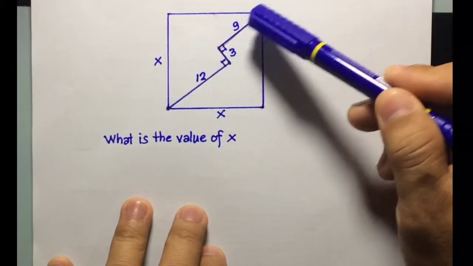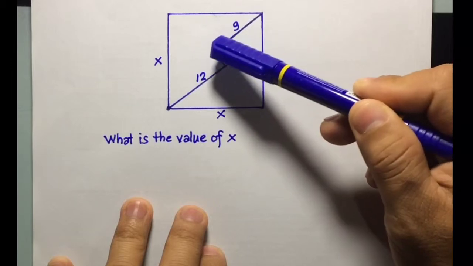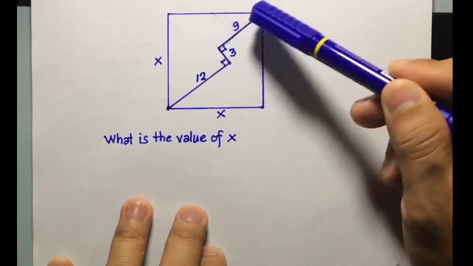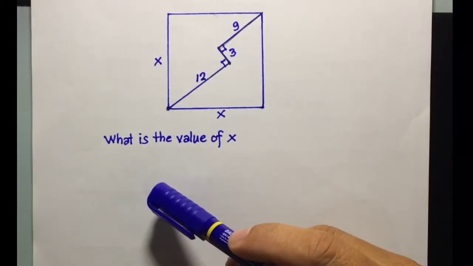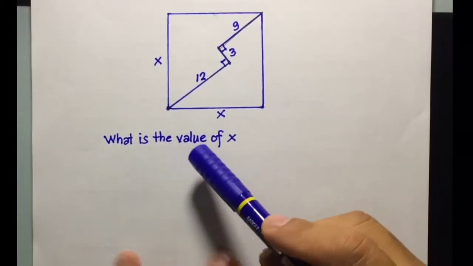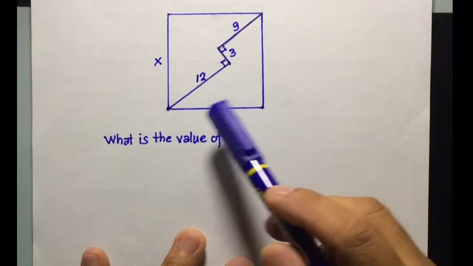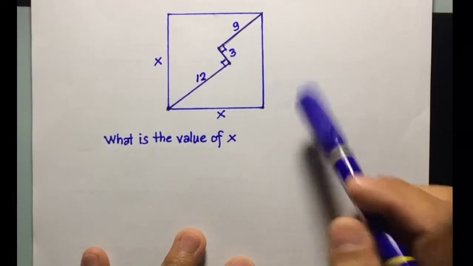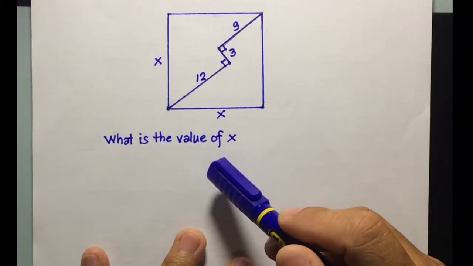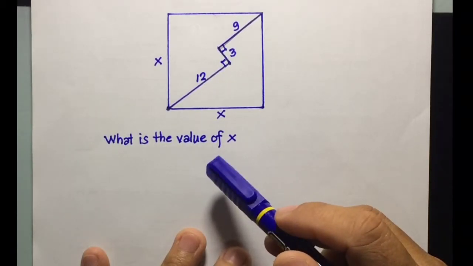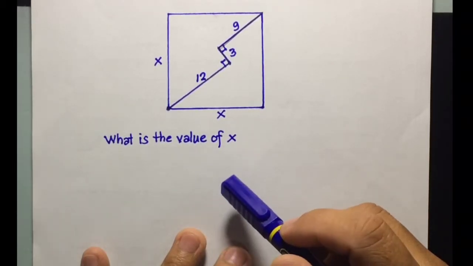Then another line segment from this point to this point, and these two line segments are also perpendicular. So the question is, what is the value of x given the following measures of line segments? If you want to solve the problem, you can pause the video and watch it later for the solution.